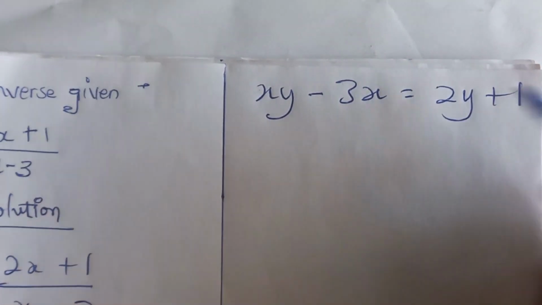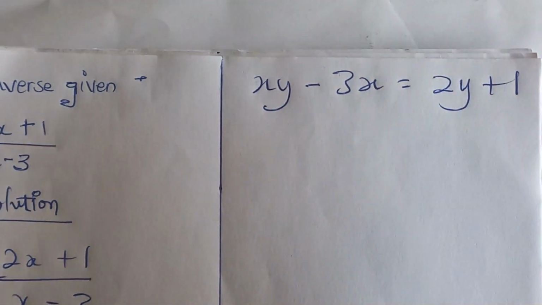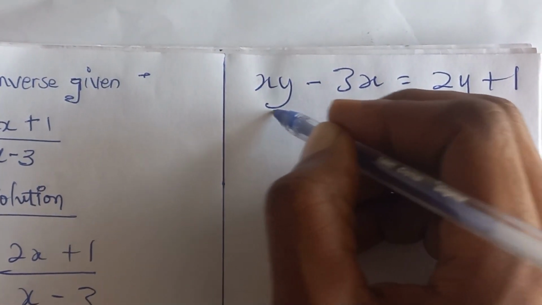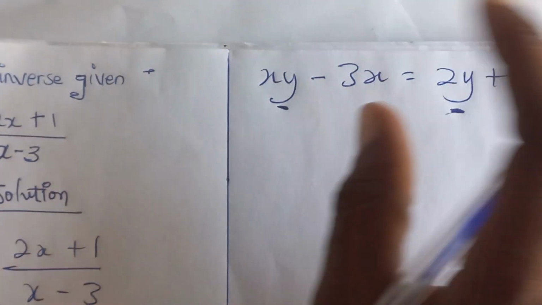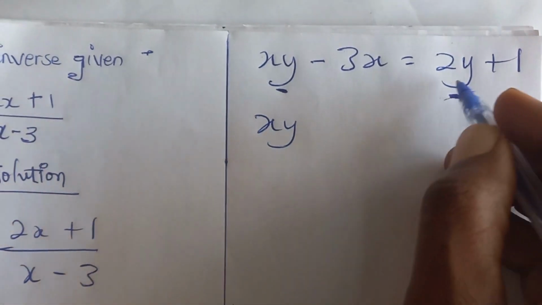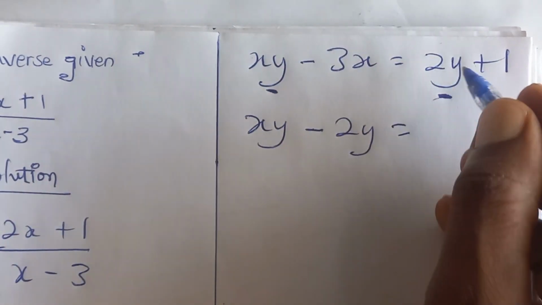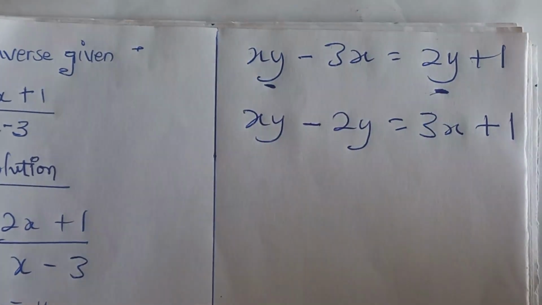So you have to group like terms, okay? You can group the terms with y on one side, since we want to make y the subject. So we are having y here and y here. So you need to group all the y at one side. So we are going to get xy, we bring this to minus 2y is equal to, then we send this one back to the 3x then plus 1.